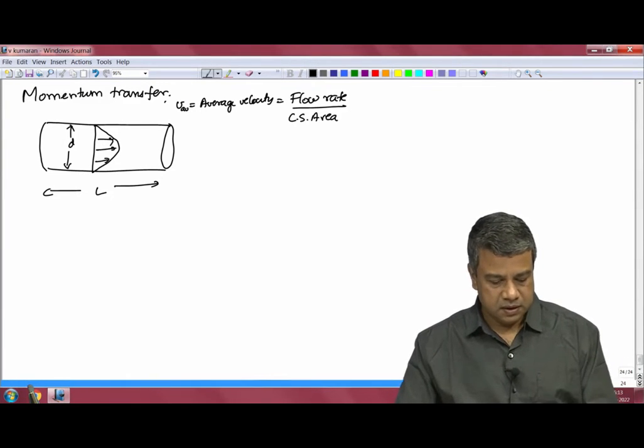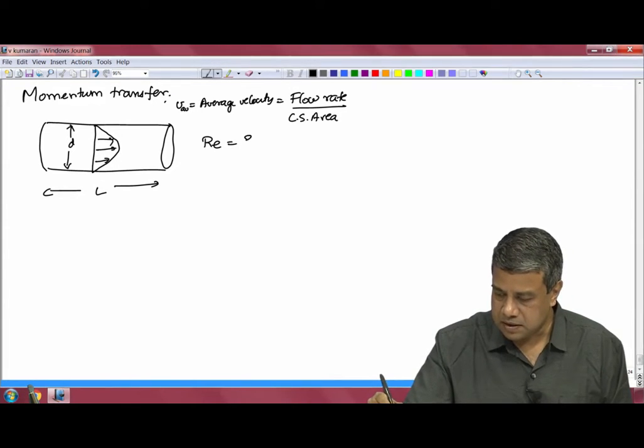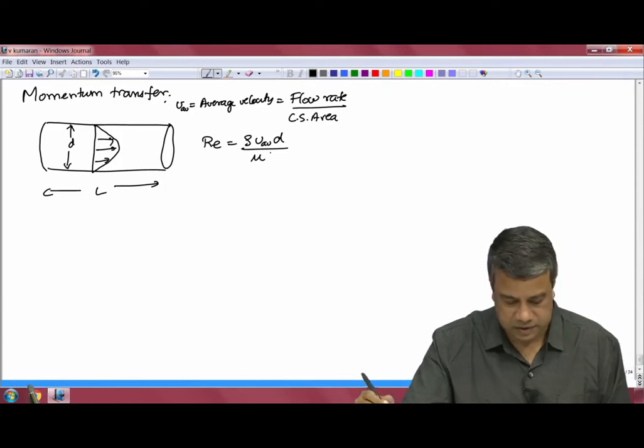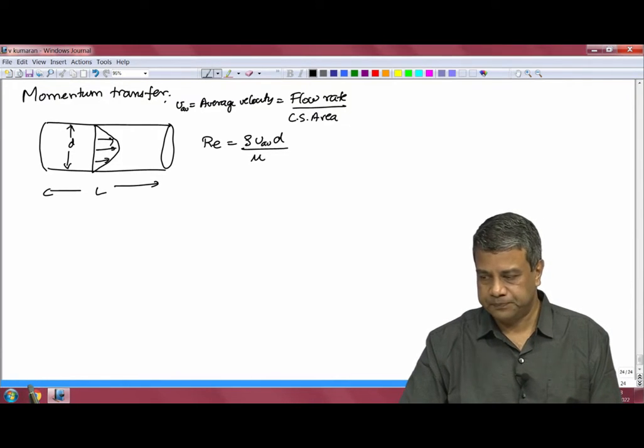The Reynolds number is defined as the density times average velocity times the diameter divided by the viscosity. So, that is the definition of the Reynolds number.